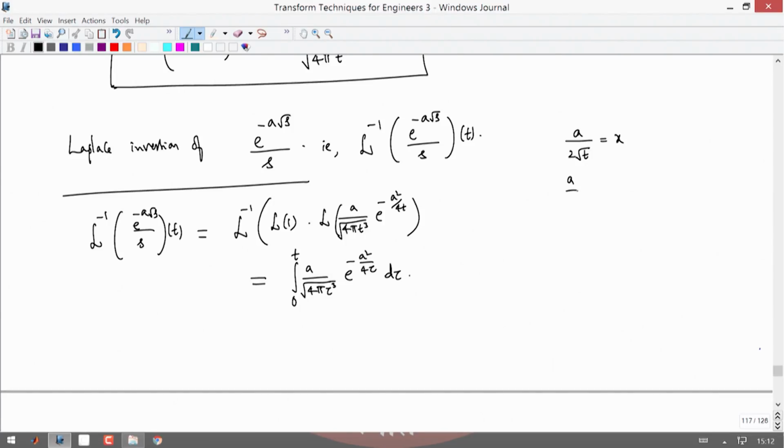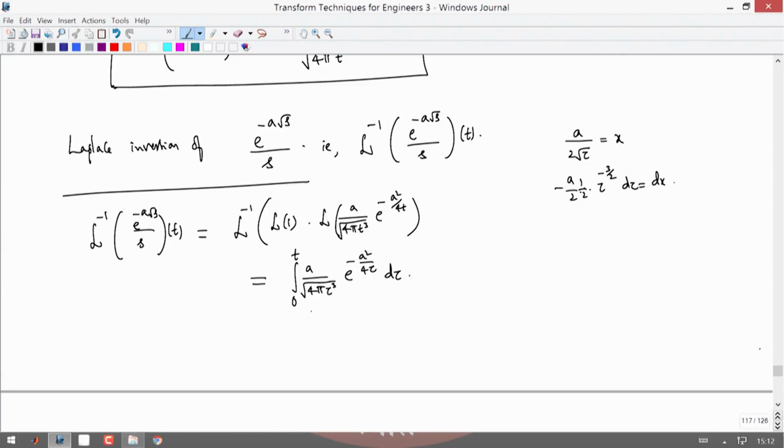So, first write a by 2 times t power minus half, the derivative is minus half times t power minus 3 by 2, so that dt equals dx. So, you can use this. So, let us say tau, this is t is not t, so this is tau. So, d tau.